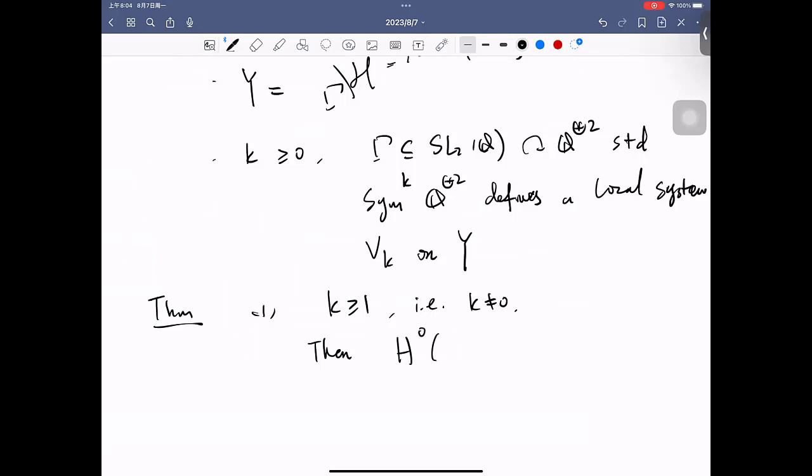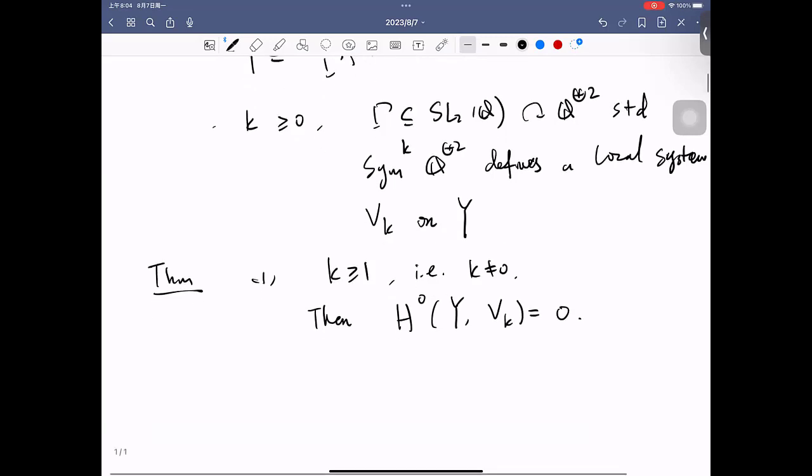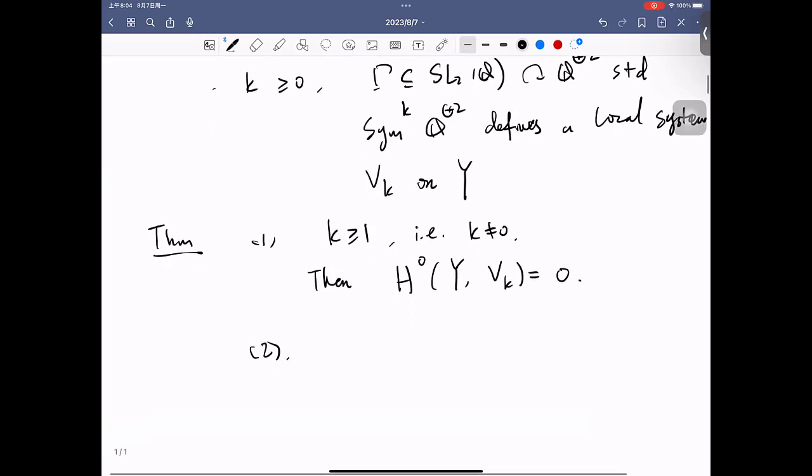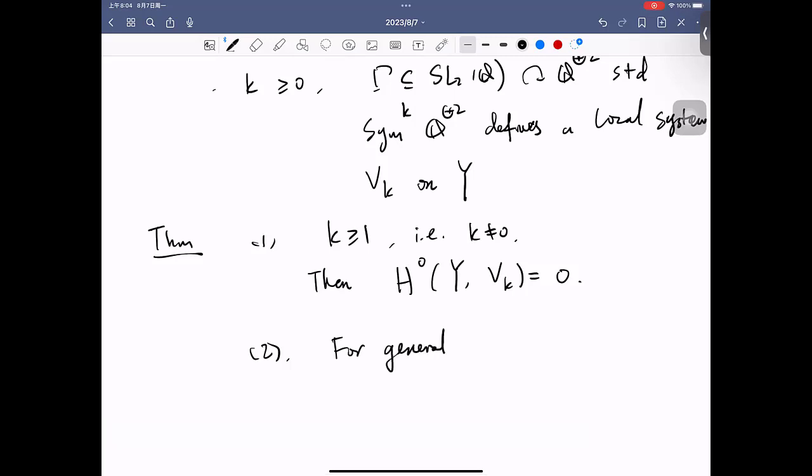So H0 of V_k is equal to 0. So this is some type of vanishing result. In some sense, the cohomology will only be concentrated in middle degree when k is not 0. And for general k, well, it really just means that now I allow k equal to 0.